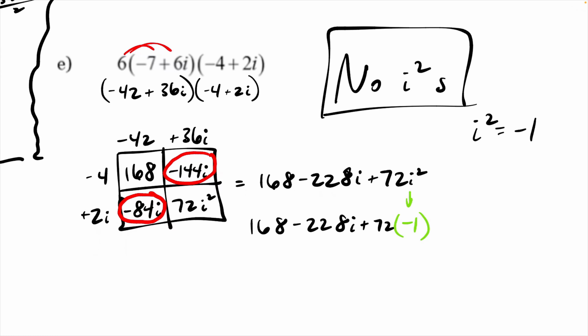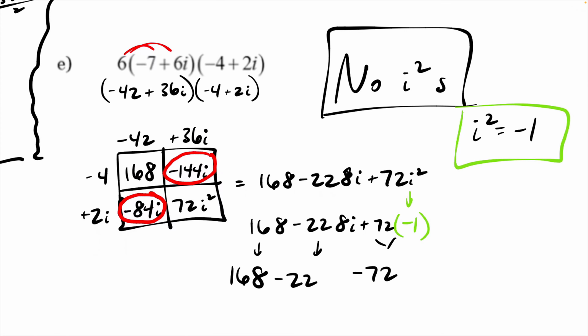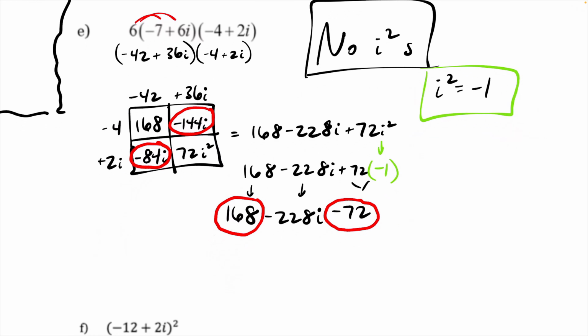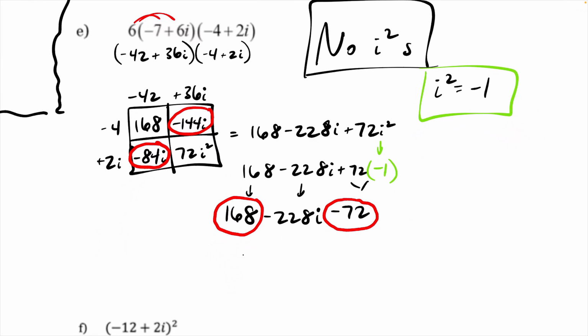Instead of i squared, -1, because they're equal to each other. Multiply, you get -72. Bring everything else down. 168 minus 72 is, I believe, 96. Minus 228i.